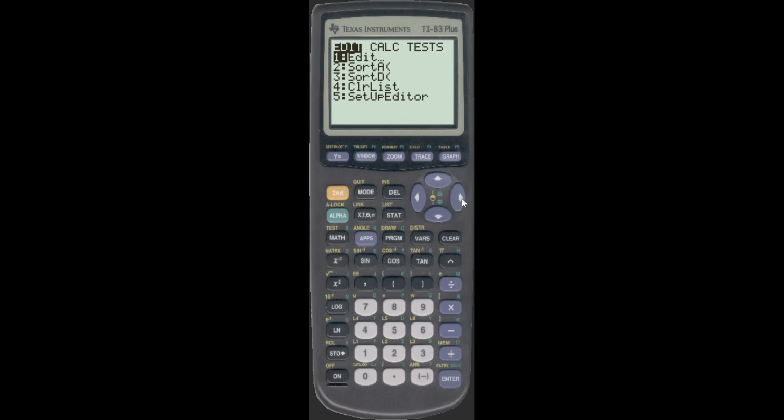Let me go check T interval with the data. Let's just do it with the data. 0.95, calculate. Yeah, so this is bad. You're really supposed to use a T interval on this problem, so I'm not sure what to suggest.